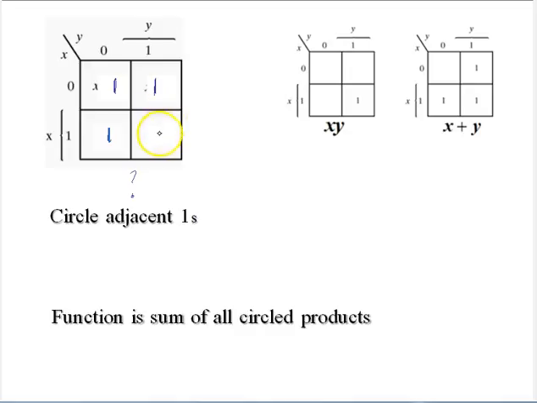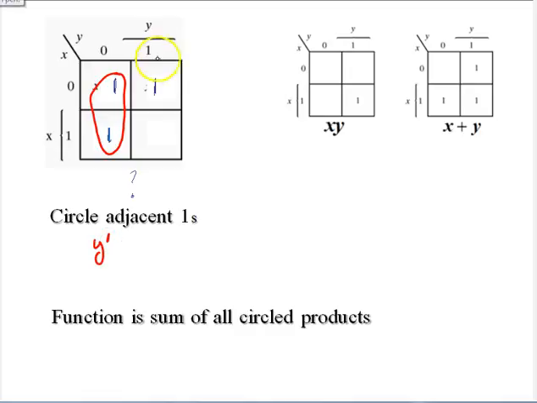If we look at this function, and we want to determine what this is, again, what we want to encircle is adjacent ones. So if we encircle these two adjacent ones, we see that x has changed from 0 to 1, and y is 0 the whole time. So that's going to give us a y prime.